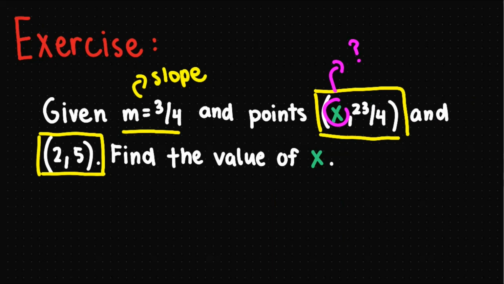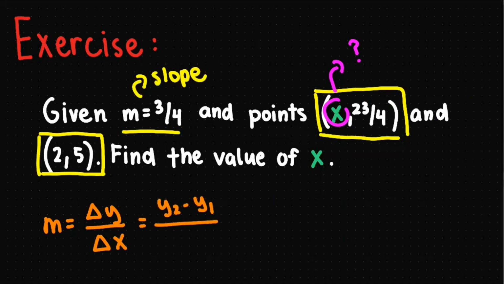So essentially, this is a different type of problem from what we had a while ago, but the process is the same. You just need to take note of the formula, which is the change in y over the change in x, which is y sub 2 minus y sub 1 over x sub 2 minus x sub 1.